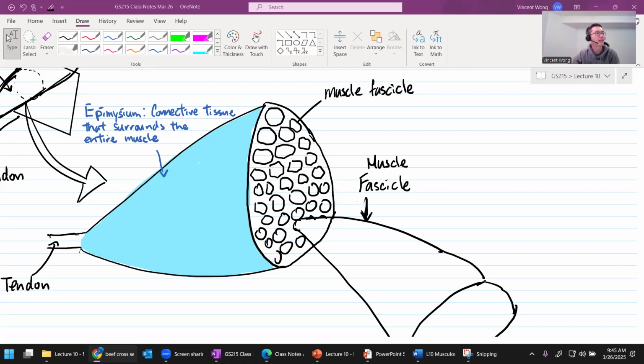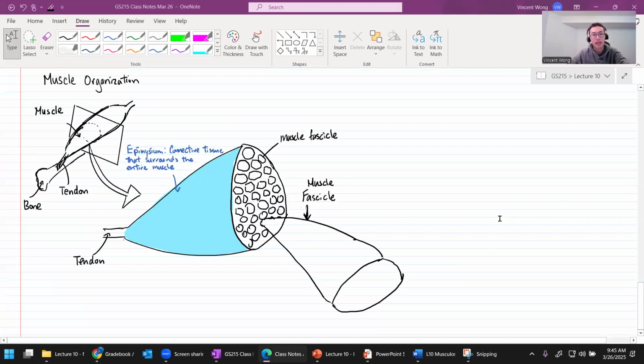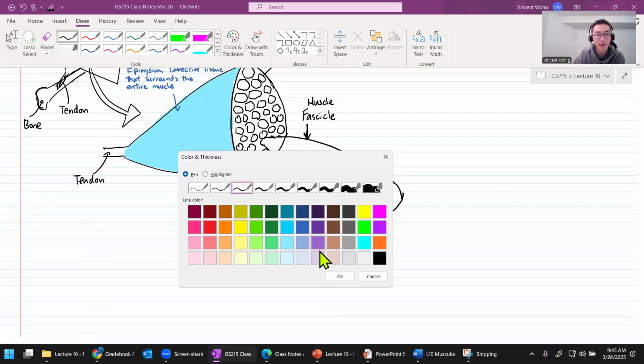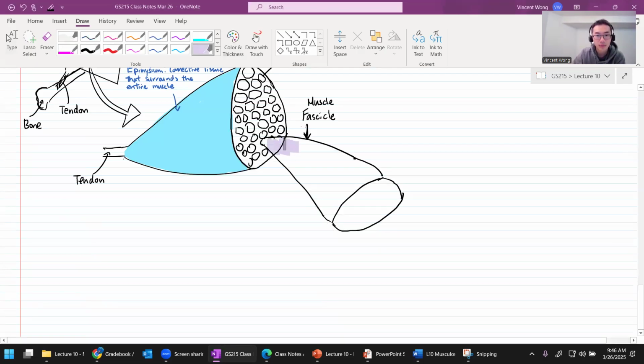Anyways, that's the fascicle right there. So what is the fascicle, right? Well, before I tell you what it is, it actually is surrounded by another layer of connective tissue. Okay, right there. Another layer of connective tissue. Oh boy, what have I done?